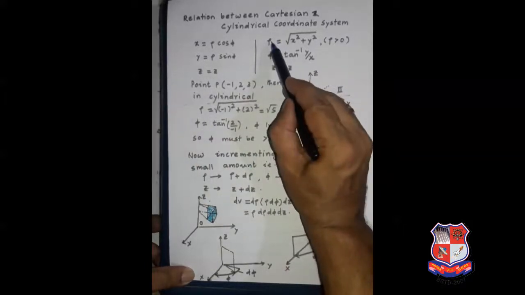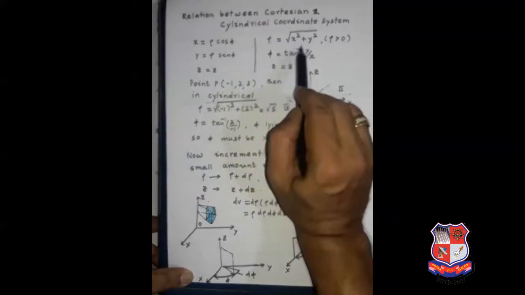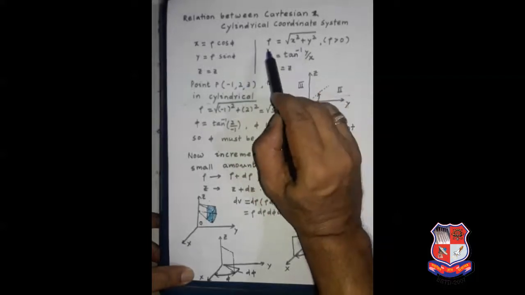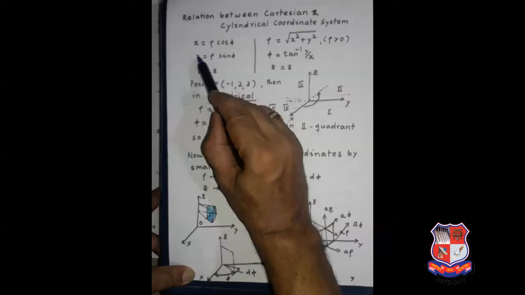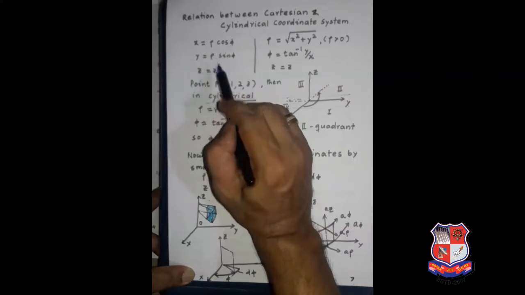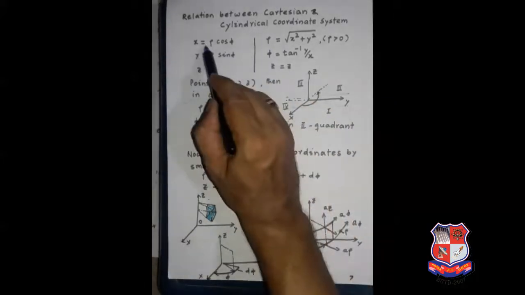In the cylindrical coordinate system, we have got rho, phi and z. There always exists an interrelationship between these 2 systems. That means if x, y and z are given, we can find rho, phi, z, or if rho, phi, z are given, we can find x, y, z. So what is the relationship?